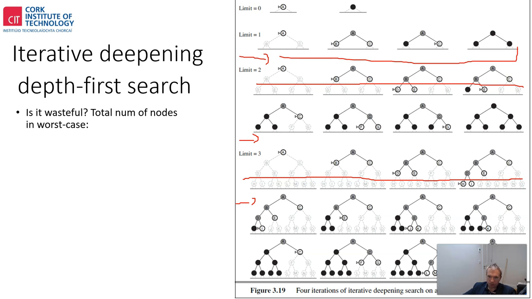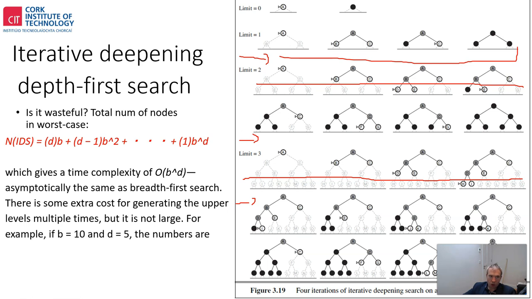So in that case, your worst case scenario for the number of nodes is big O of (d)b + (d-1)b^2 + ... + 1·b^d, where d is the shallowest goal node and b is the branching factor.